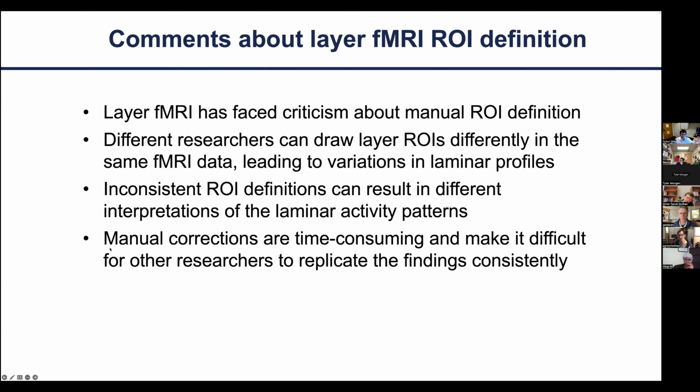Also, manual correction is very time consuming. Here we only focus on a small region, the motor cortex. If you want to do whole brain layer-fMRI, it could take you forever, all of your work time. And it may also make it very difficult for other researchers to repeat the findings.